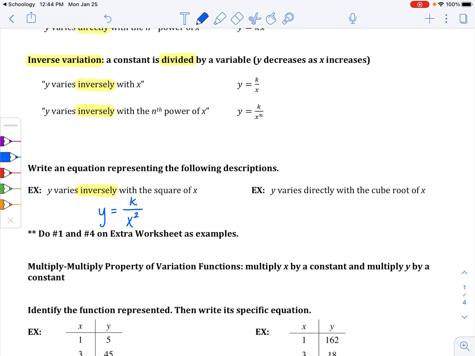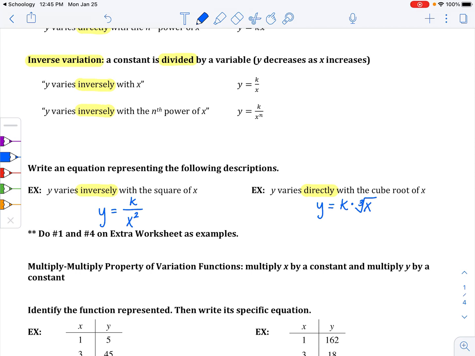Inversely told me to do division on the right side. The next one, y varies directly with the cube root of x. Directly is telling me multiplication. So y equals my constant times the cube root of x. Very important that we find those vocab words.